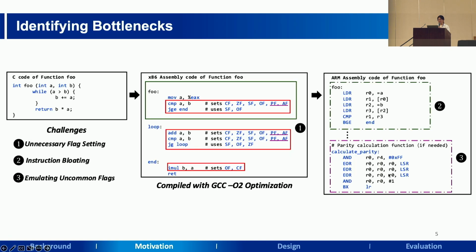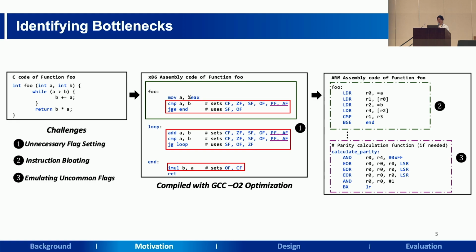Our profiling shows that flag emulation can eat up nearly 80% of the dynamic instructions on ARM, which is the overhead. So why is the overhead so high? It comes down to three key mismatches between x86 and ARM. First, x86 instructions set multiple flags automatically, even if none is ever used. Translators that reproduce all of them waste cycles on unused bookkeeping. Second, x86 updates flags for free with each instruction, but ARM requires explicit instructions to set or test each flag.